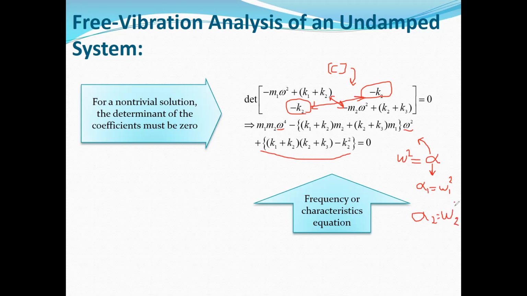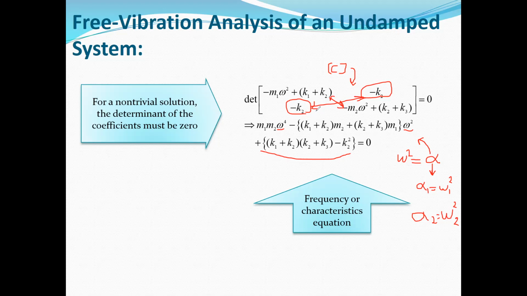As I told you yesterday, because here we deal with a system with 2 degrees of freedom, we must extract 2 natural frequencies and 2 mode shapes, and in fact 2 eigenvalues and 2 eigenvectors for this system. In terms of mathematics, when we deal with an eigenvalue problem, we need to obtain 2 eigenvectors and 2 eigenvalues, which in vibration, the eigenvalue will be called the natural frequency, and the eigenvector will be called the mode shape of the system.